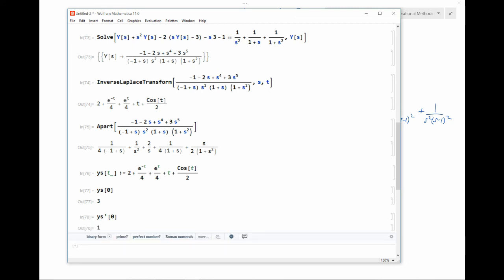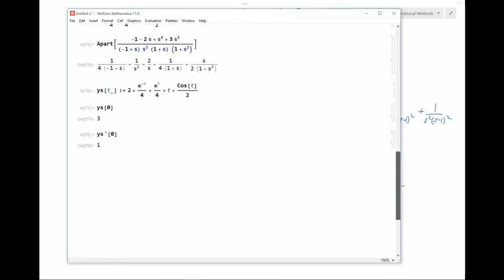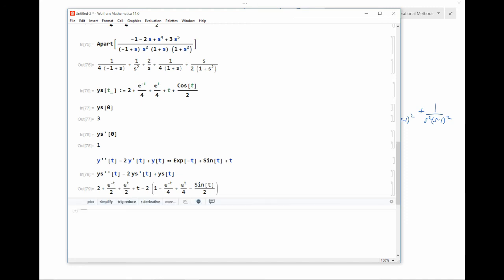What about plugging it into the equation? Well, the original equation was this. So I'm going to keep a copy over here and then just reevaluate everything with ys and see if it equals the terms we have.